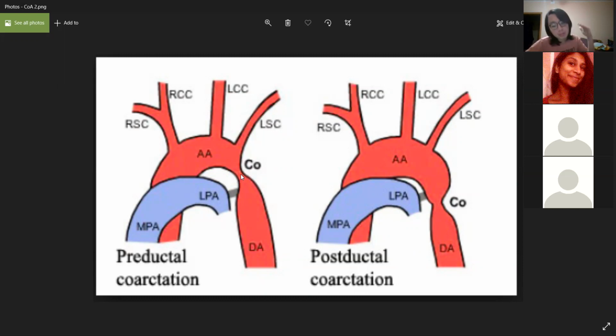It means your upper body will be pink and your lower extremity will be blue. And if this is too much because of cyanosis and all that, this now becomes an emergency. You have to fix this as soon as possible because your heart will start to fail. There'll be conduction defects, a lot of arrhythmias and all that.